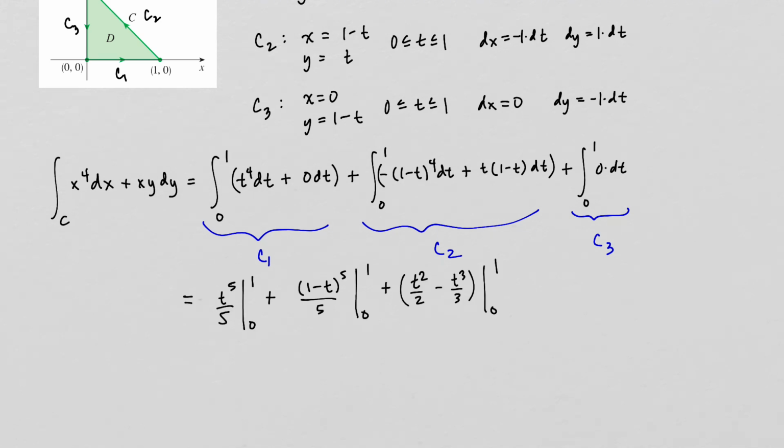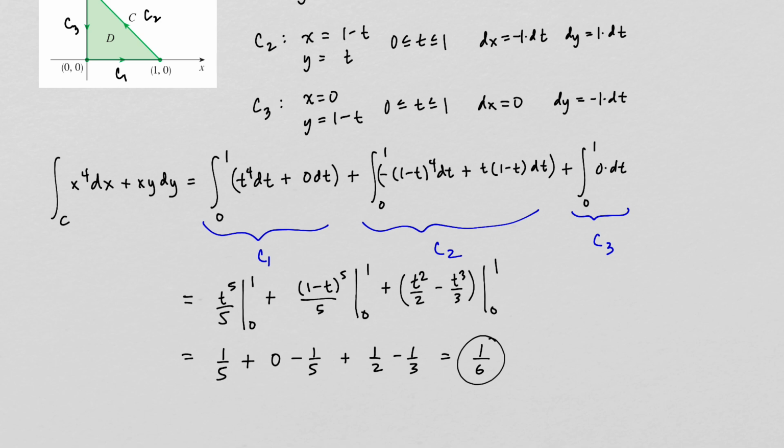Okay, so we should get the following here. And now substituting, we have 1/5 here, plus, here we're going to have 0 minus 1/5. And then for the last integral, we have 1/2 minus 1/3. And if we add all these up, we get 1/6. Okay, so it's definitely doable, but that was kind of a lot of work.